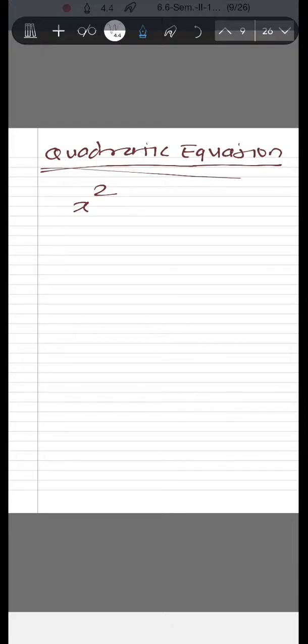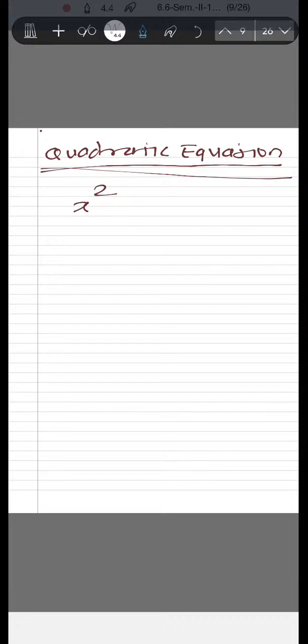So a quadratic equation is one kind of polynomial, and any polynomial can be a quadratic equation when the highest degree of the polynomial is 2.